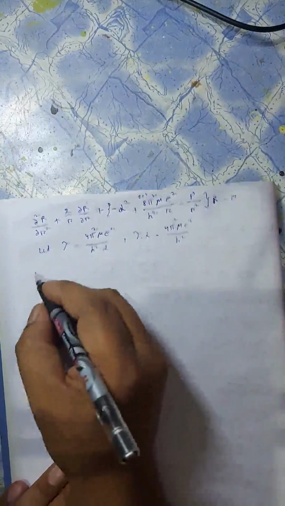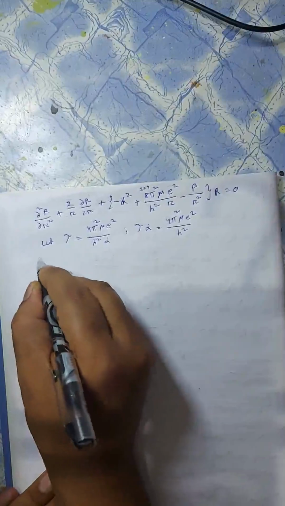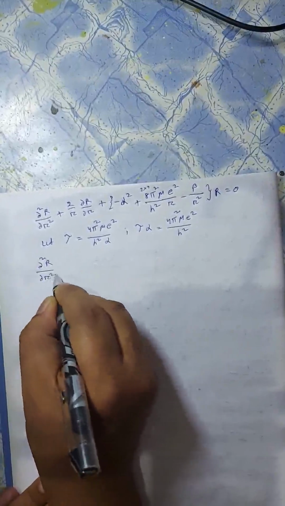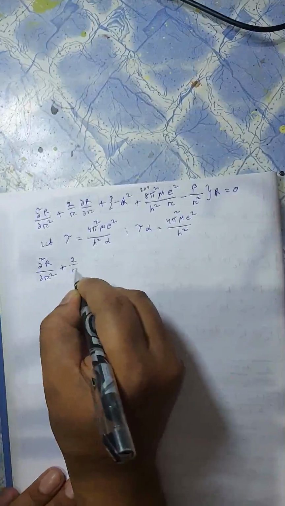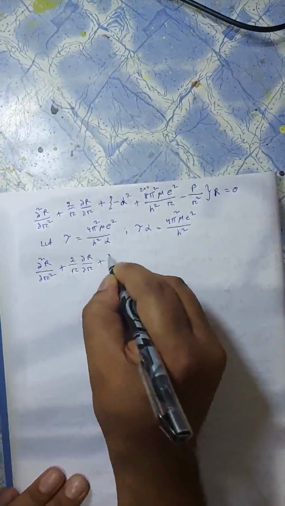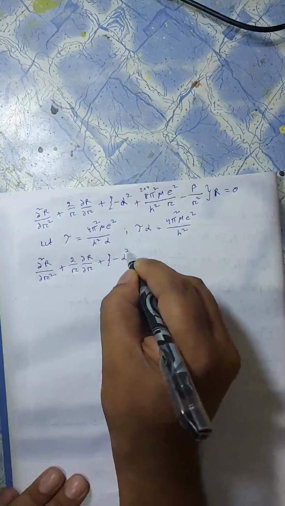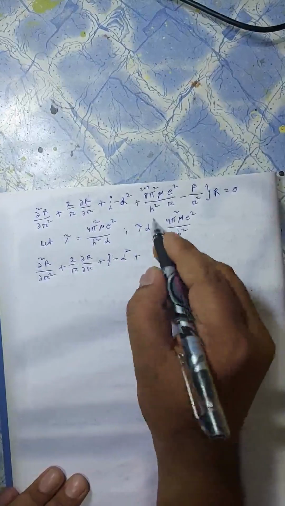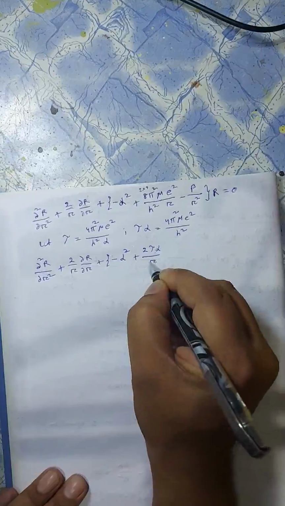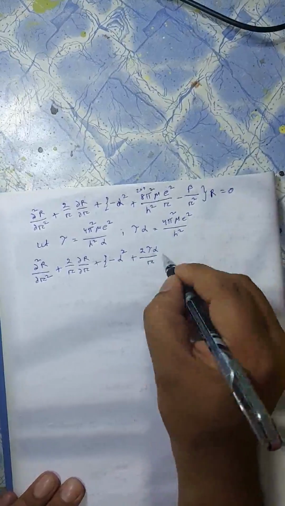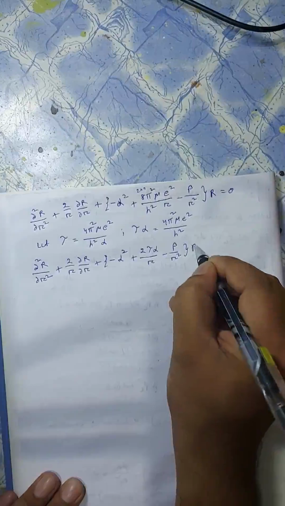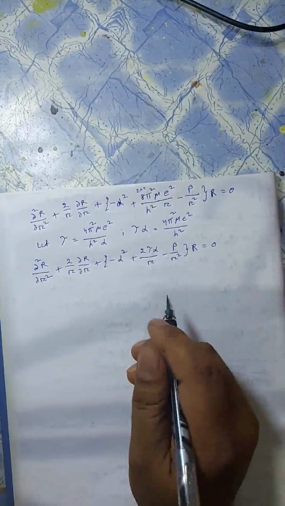Then substituting this value: ∂²R/∂r² plus 2/r ∂R/∂r plus bracket minus α² plus 2λα/r, this one remains the same, minus β/r², bracket closed, whole R is equal to 0.